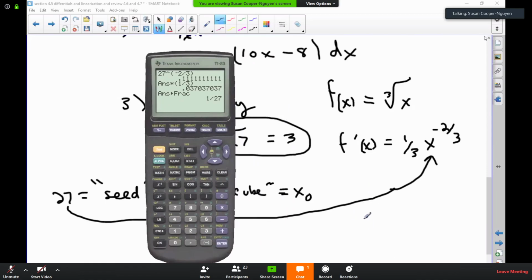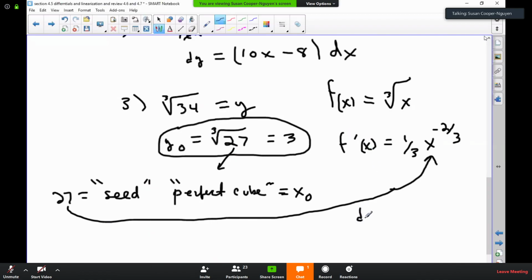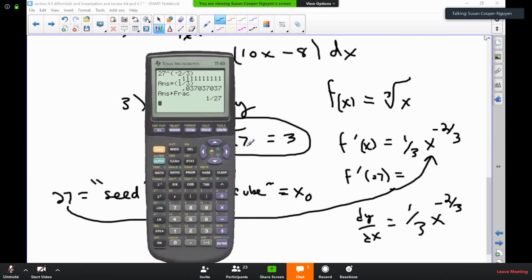Okay, so let me write that all out. So now, instead of f prime of x, I'm also going to switch to that notation, dy dx. So dy dx is 1/3 x to the negative 2/3. But we just witnessed the derivative evaluated at that seed or that perfect cube of 27. And actually, I think I might rather like the decimal on that.